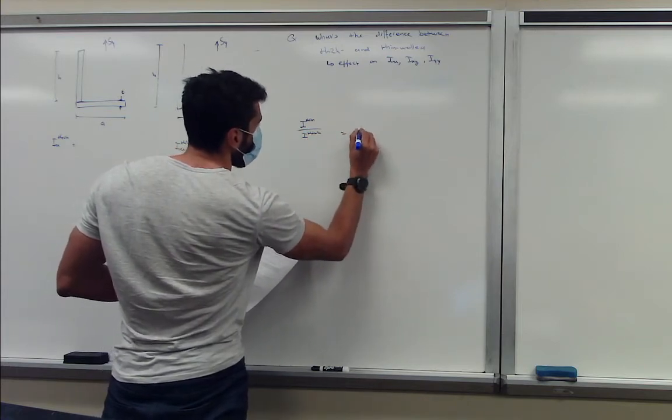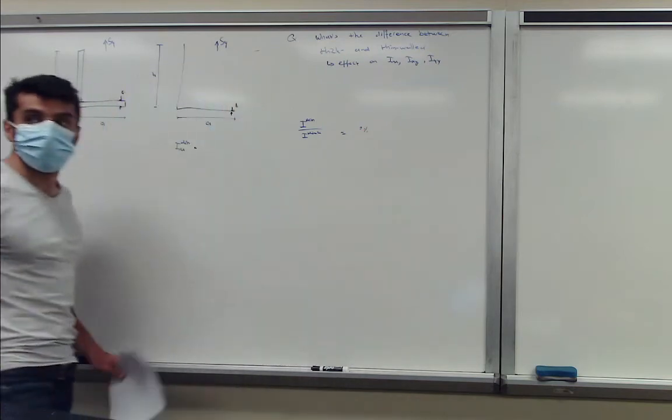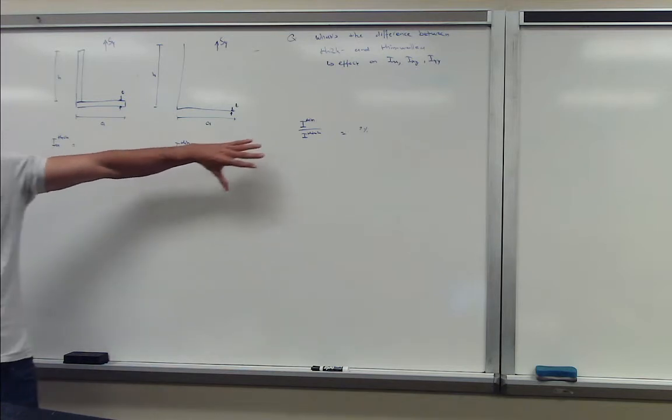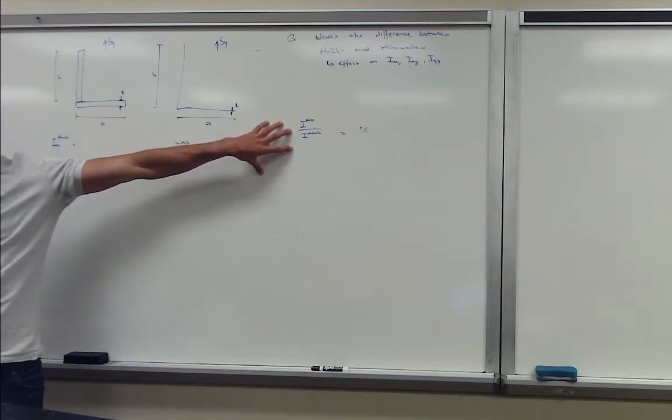And we're going to see what that percentage difference is. Okay? So that's basically what you would do in this problem. The problem has a subsequent second part where you calculate the shear flows, but for this case, we're going to focus on only looking at the percentage difference.